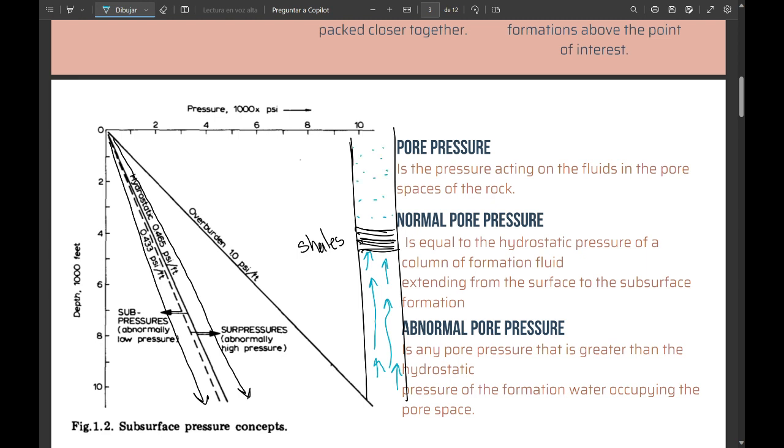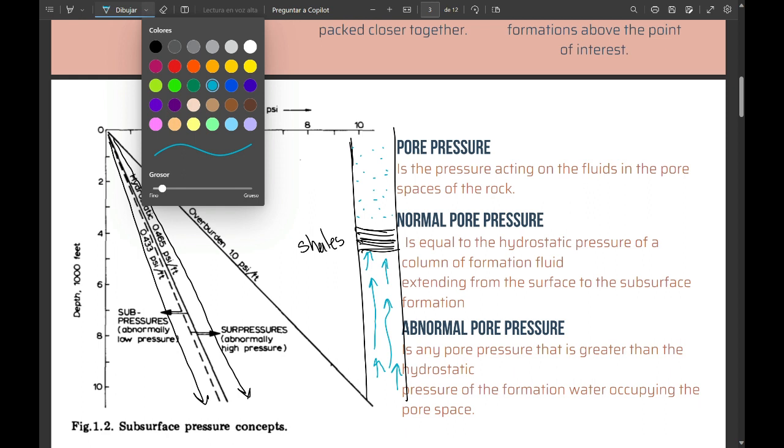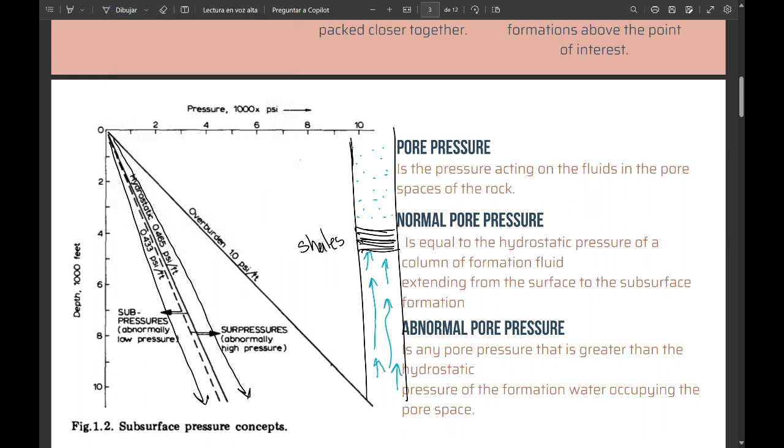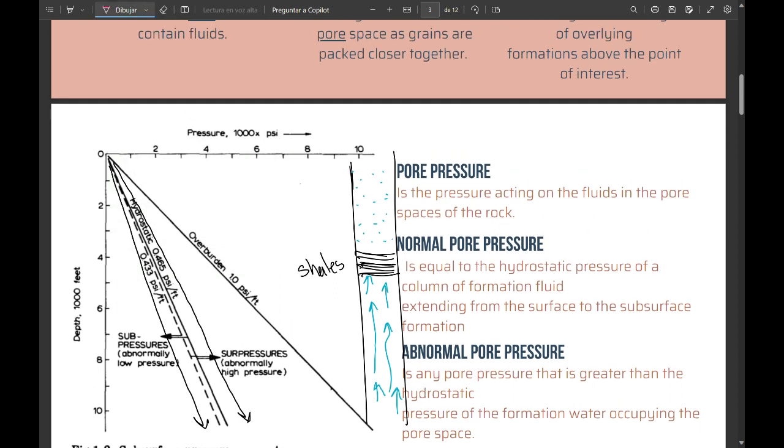So what trend line are we going to have? This is the normal trend line for the shales, the trend line we have in the normal pore pressure.